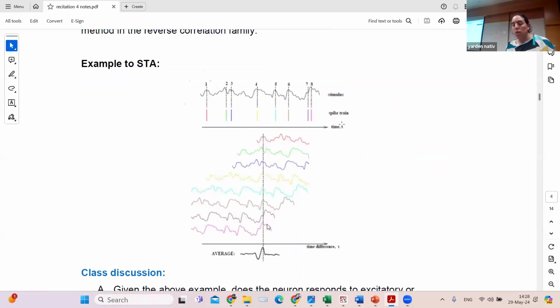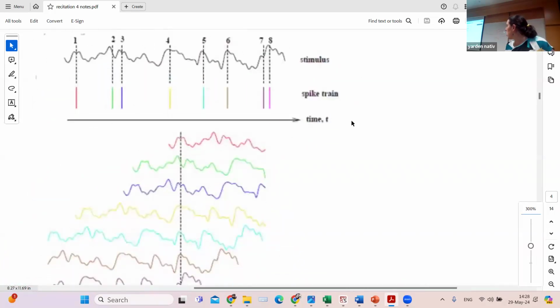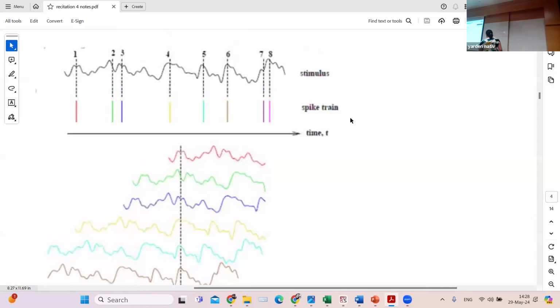There is a very nice illustration that I like to show, and it's this one. So if you have two recordings, stimulus and spike train, I've been asked what kind of stimuli like that. It could be at the level of the neuron, where you have a current which changes in time.